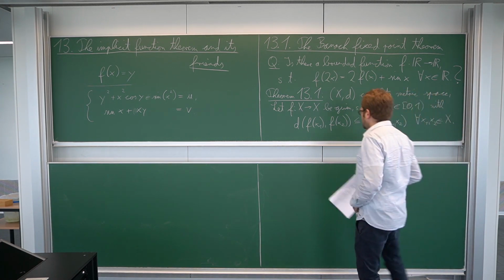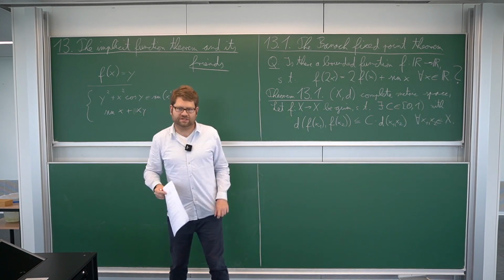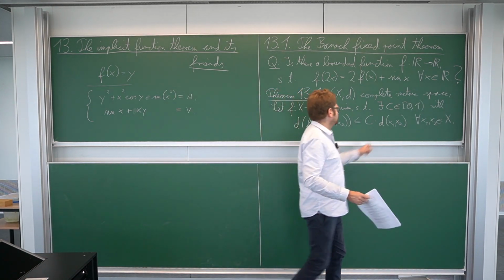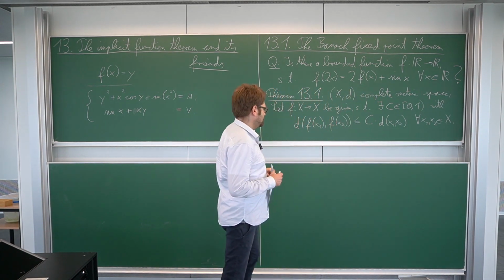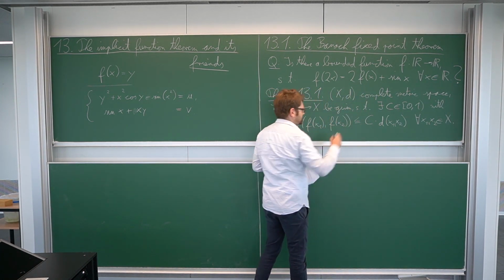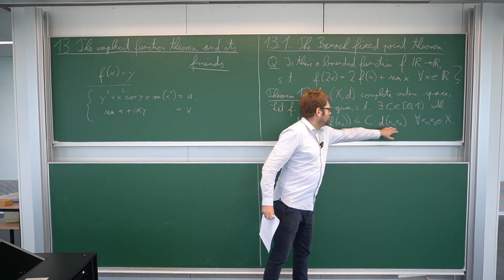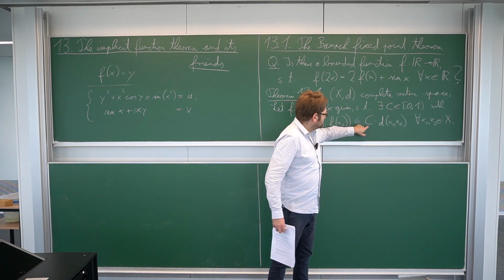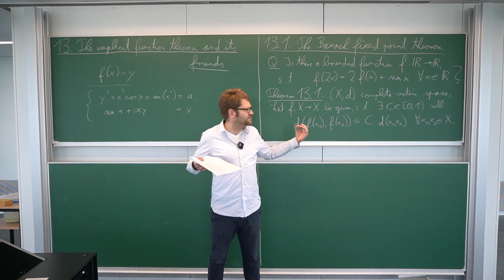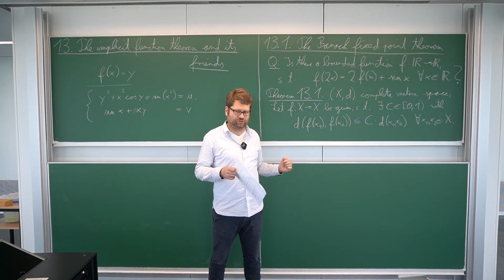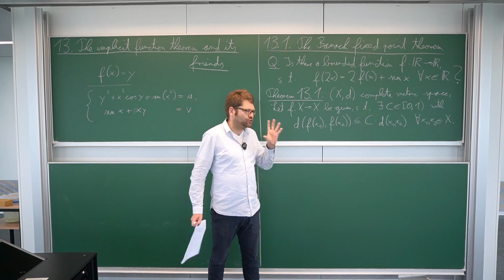So this looks familiar. This is the condition for Lipschitz continuity, but here we make the additional assumption that c is smaller than 1. So this means f is making distances shorter. If two points had some distance before, c times this will be smaller, so the distance of the images of the two points will be smaller than the original distance. So f is shrinking things.